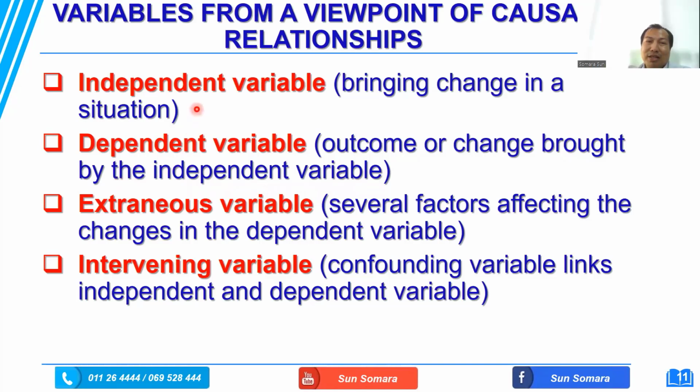Yeah, okay. Or another example you can see is about COVID-19. COVID-19 and vaccine or vaccination, right? So COVID-19 is IV or DV here? IV means independent variable and DV means dependent variable.